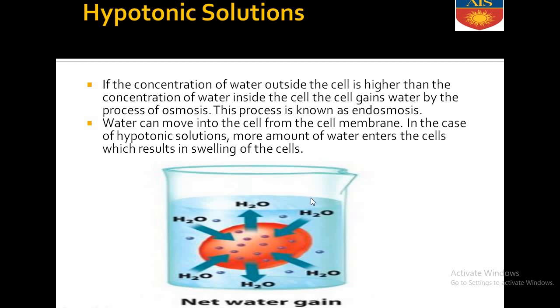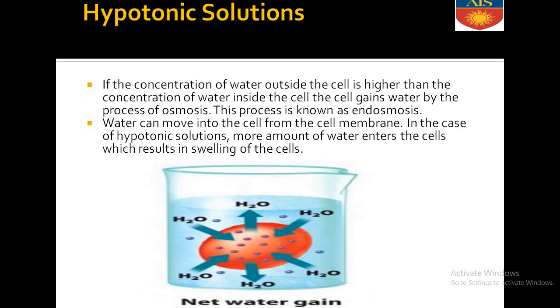Imagine you have taken a dry raisin, kismis, and you have kept it in plain water. Let us take that raisin as a cell, which has more solute concentration but less solvent concentration, and the water has more solvent concentration.